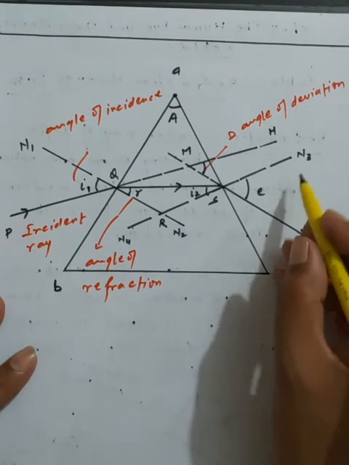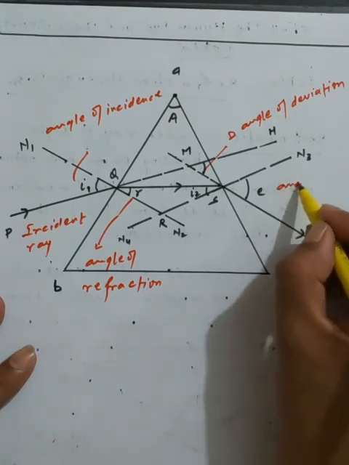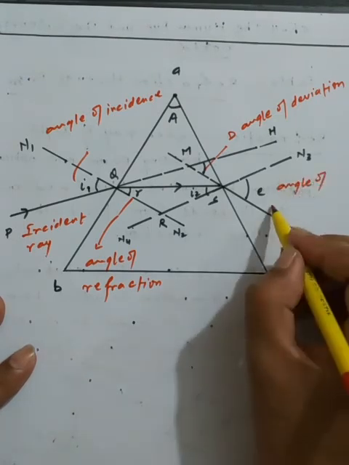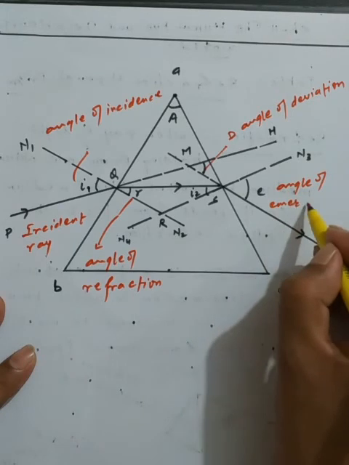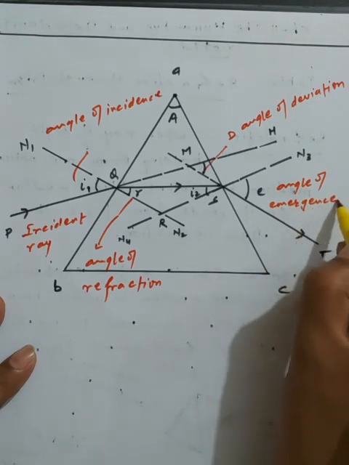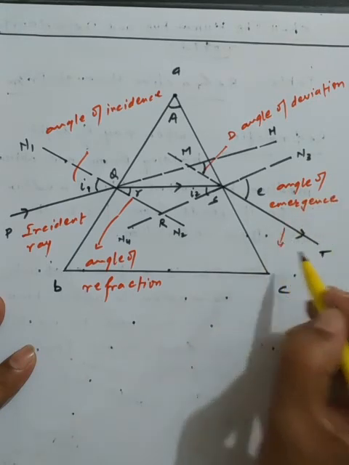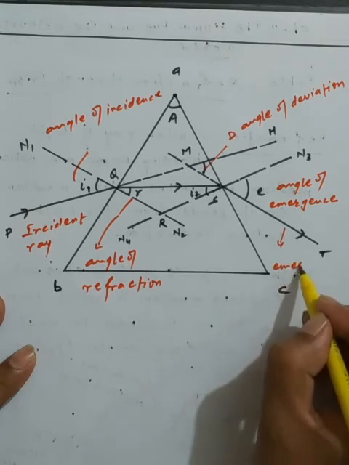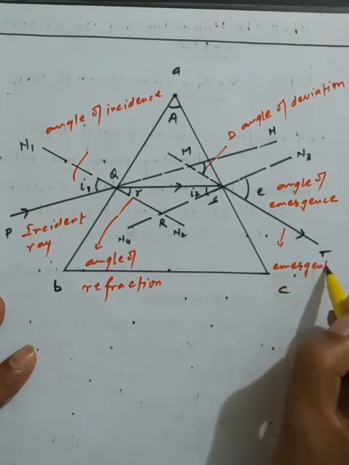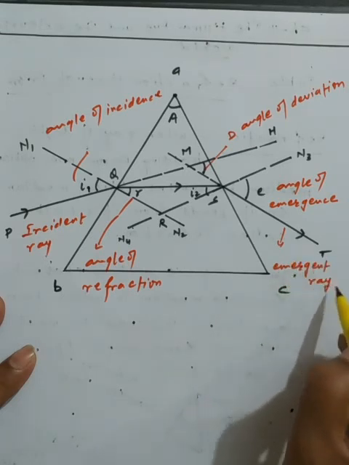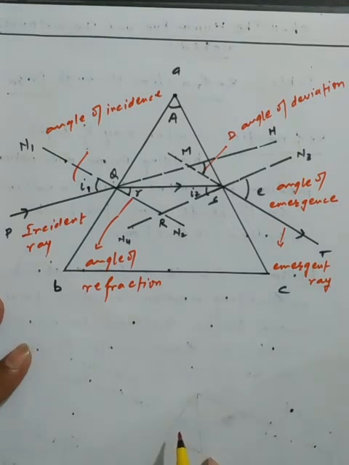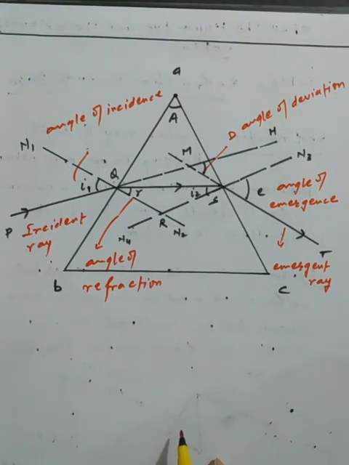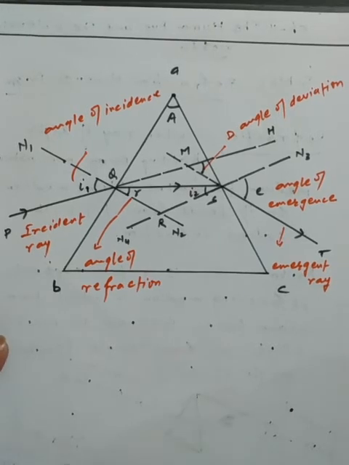This is called the angle of emergence. This is called the emergent ray. Okay, so a maximum part we have plotted here, and one by one I am writing them in order. Clear?